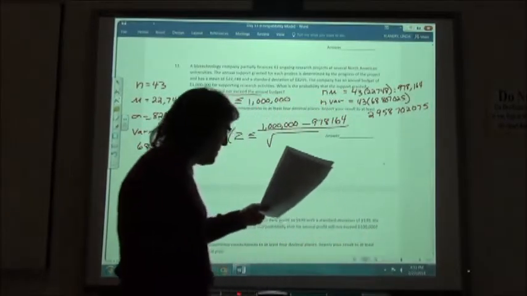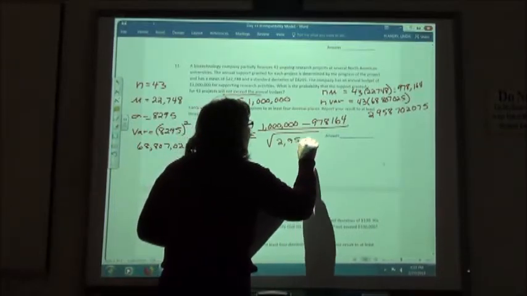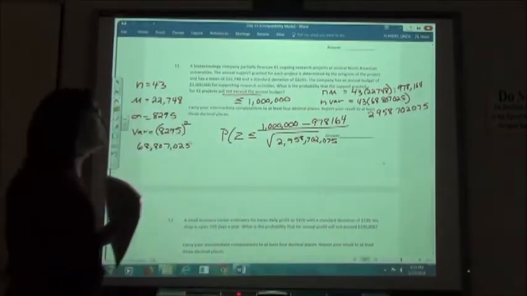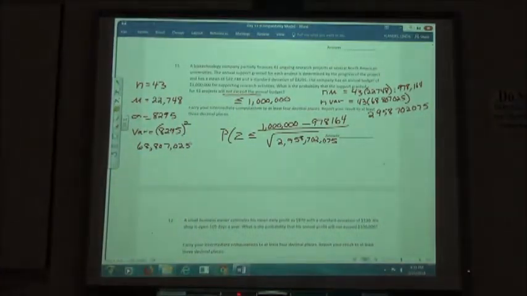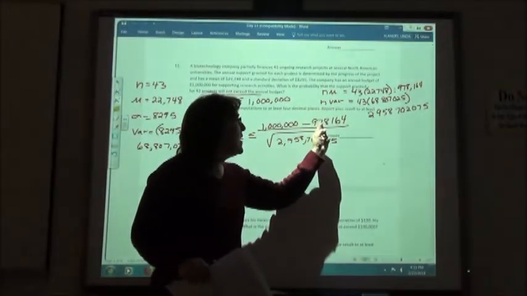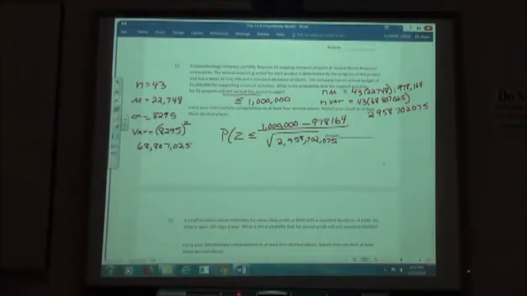That number goes underneath the square root sign. So n times the mean goes up here on the top, the square root of n times the variance goes down there on the bottom, and then we're going to punch that in and round it off to 3 decimal places.